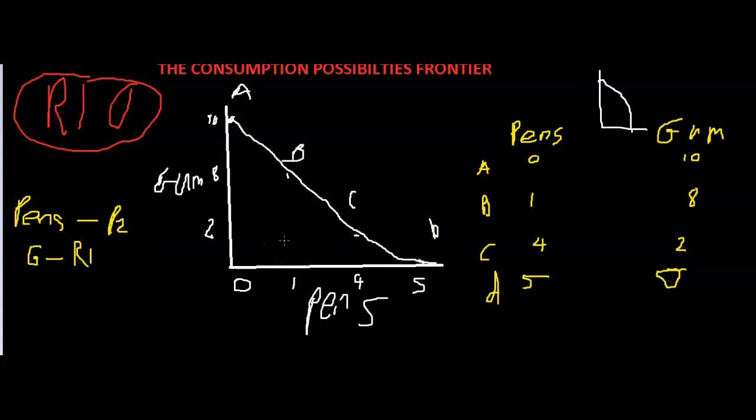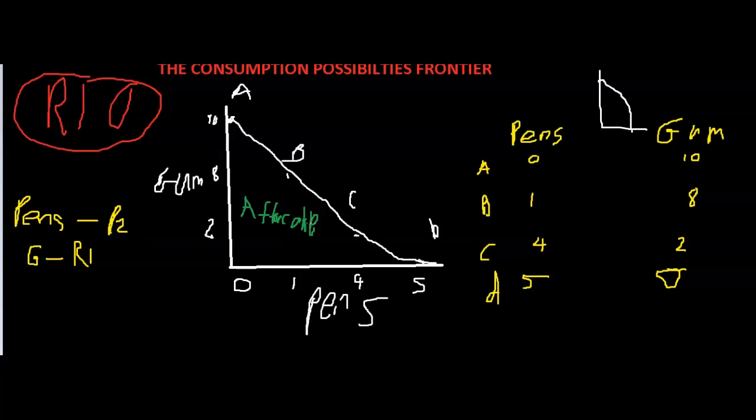Now, firstly, what are the parts of this column? What you need to know is that the area in here, in this triangle, to the left of this line, is called affordable. So if you get a point in here, it will be affordable, so you can attain it.